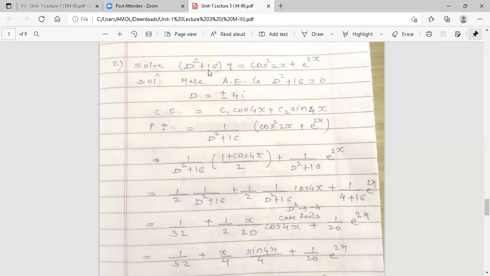So replace d square by minus 16 here. It is not minus 4, it is minus 16.